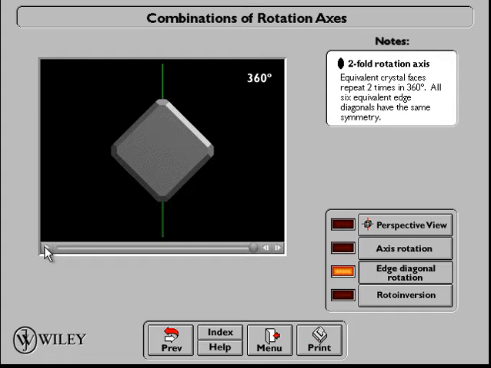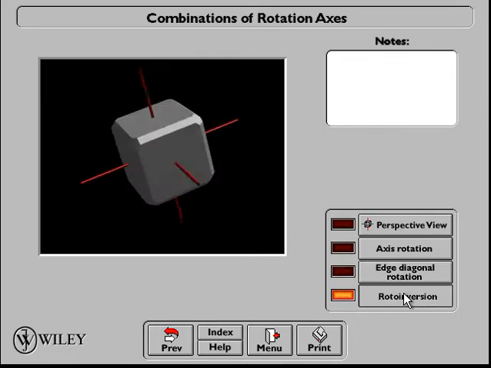There we have then a combination between a 4-fold rotation axis on this cube and additionally a 2-fold rotation axis when we are talking about edge diagonal rotation. And now we are adding the roto inversion.